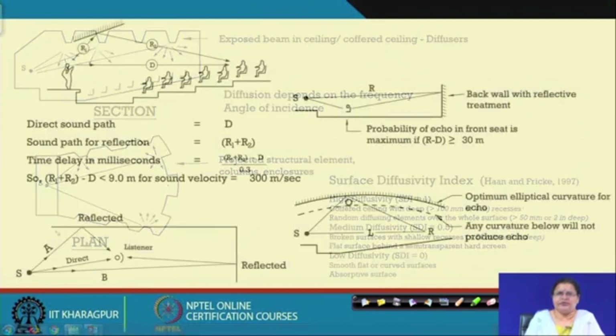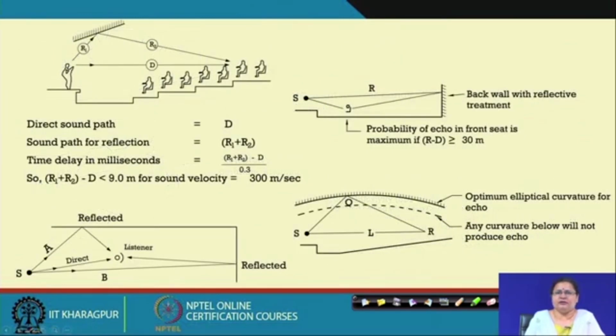we have talked of the ceiling if it is Crawford. Here again we come to a previously discussed slide where we see that direct distance and the reflective distance is still of utmost importance, because this is a big space. It is not room acoustics, that is not in the scale of a classroom.